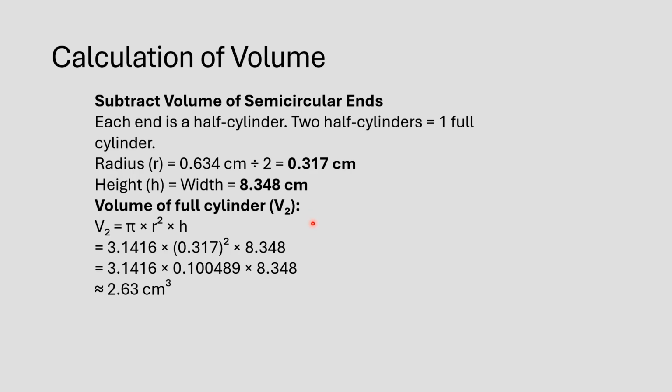Using the volume of a cylinder, pi r squared times the height, with pi approximated as 3.1416, the volume we need to subtract is approximately 2.63 cubic centimeters.